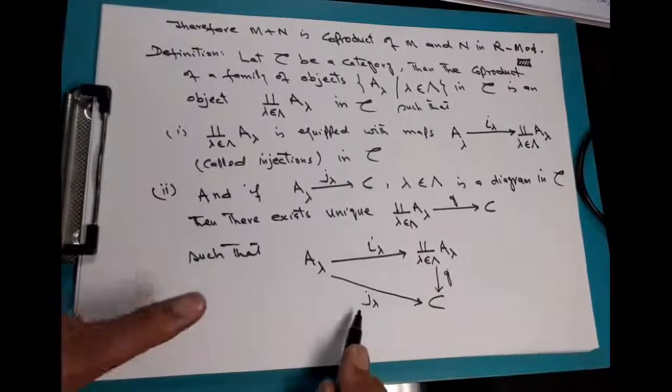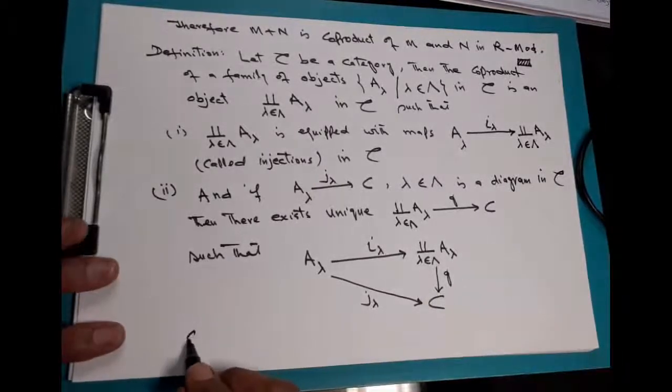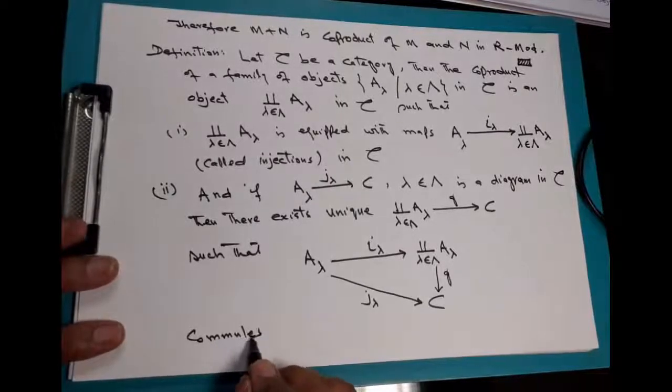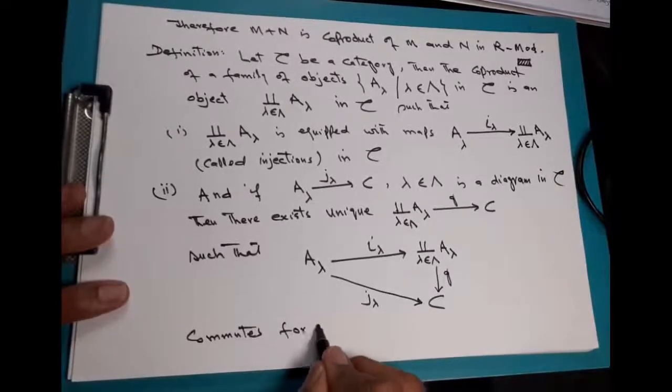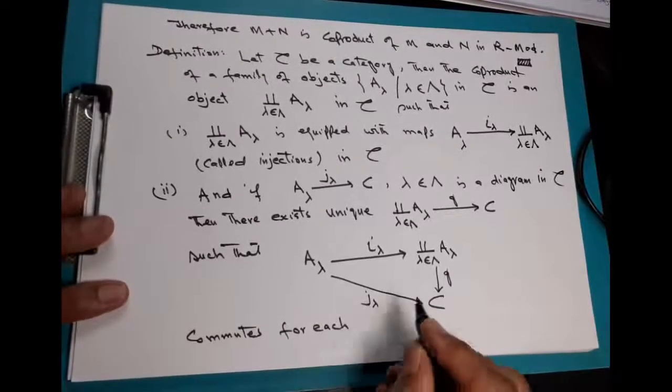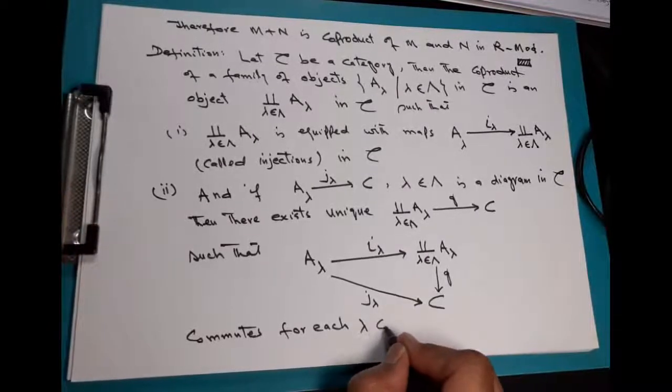And this is going to happen for each lambda: it commutes for each lambda belonging to Lambda.